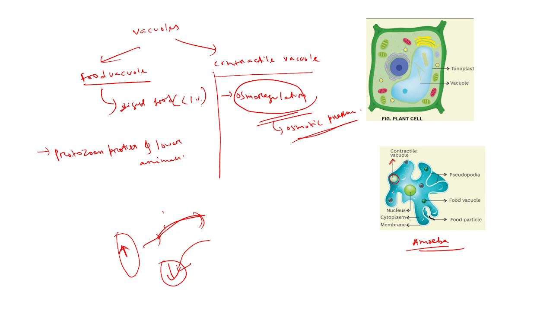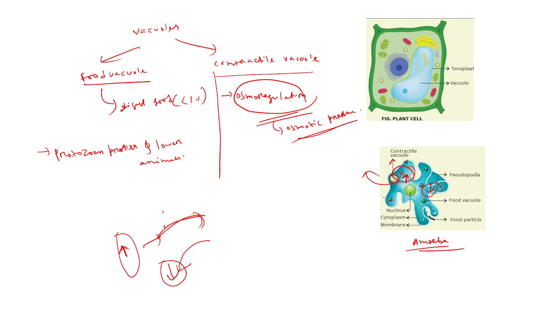So here also the contractile vacuole has the same function. Inside the amoeba, suppose the water level is very high, so it discards the water to the outside. If the water level is very low, then it does not allow the water to be discarded.